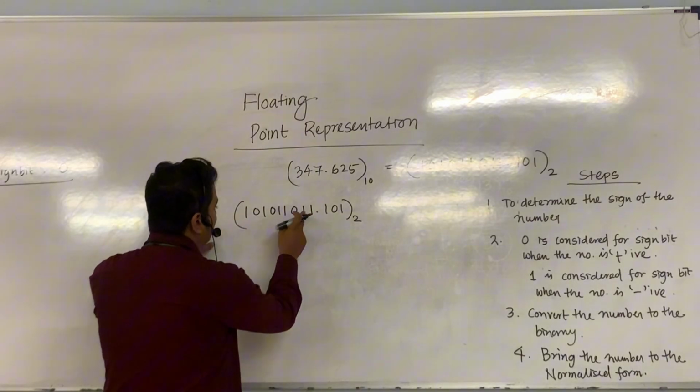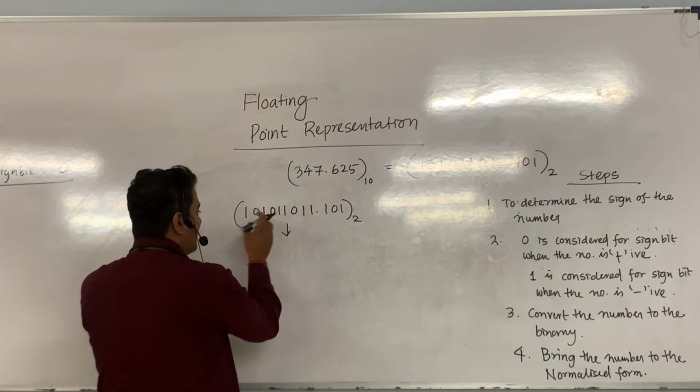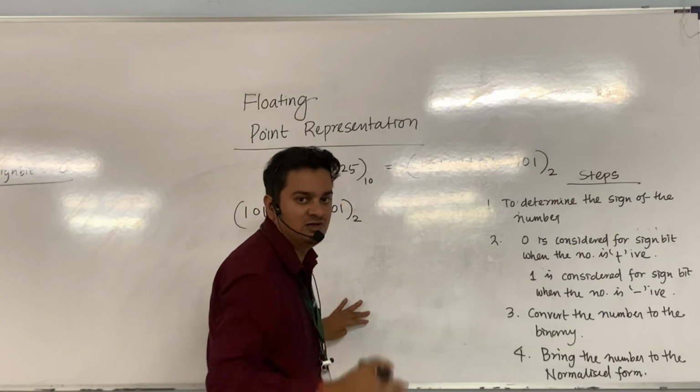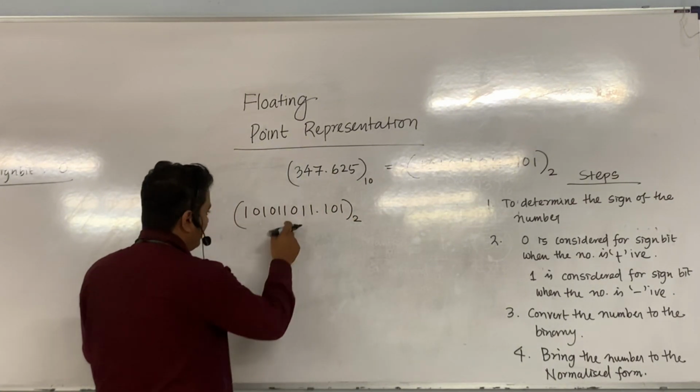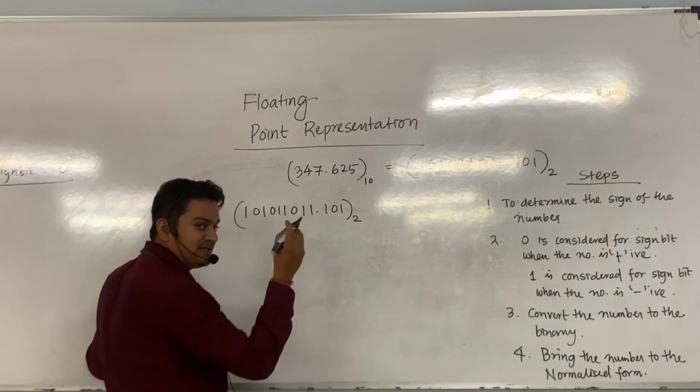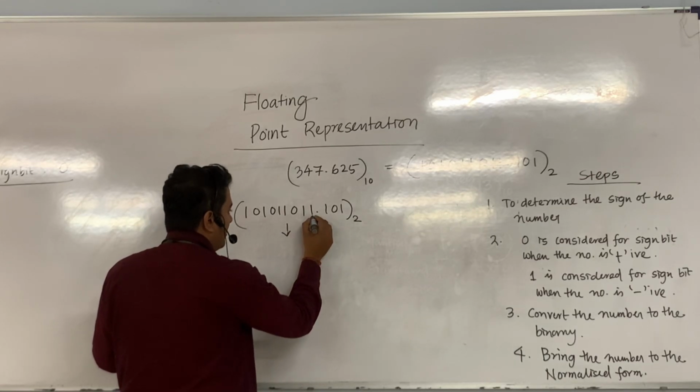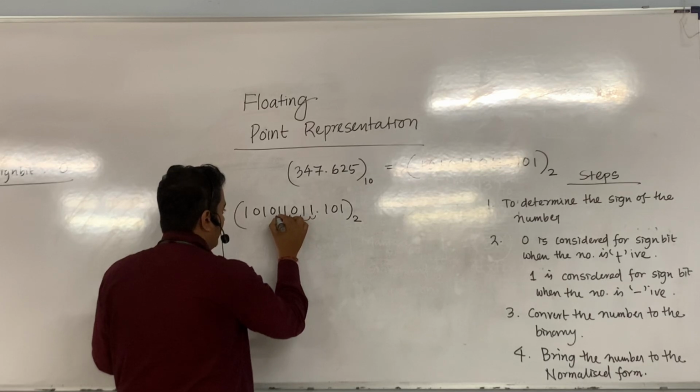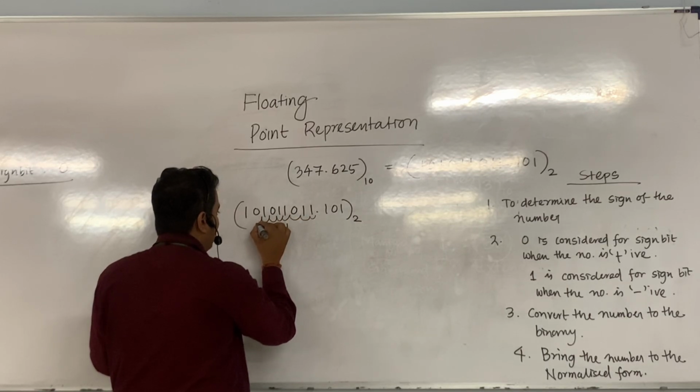This is an obvious thing, this is a common sense, but still you have to remember this. Whenever I am shifting the decimal point towards the left, obviously the power will be positive. So I am shifting this. How many positions I have to shift? Let's see. 1, 2, 3, 4, 5, 6, 7 and 8.